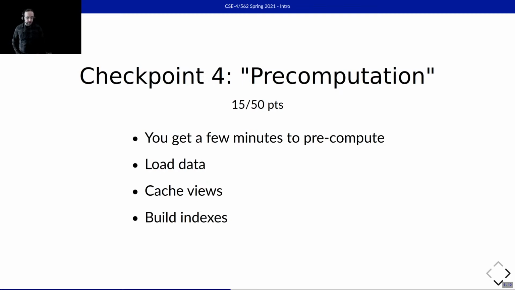There's a good deal of flexibility. There's a couple of different ways to get an A on checkpoint 4. But essentially you're going to have a little bit of time to pre-compute, and then once you've had some time to pre-compute, you'll essentially be asked to answer queries even faster than before.